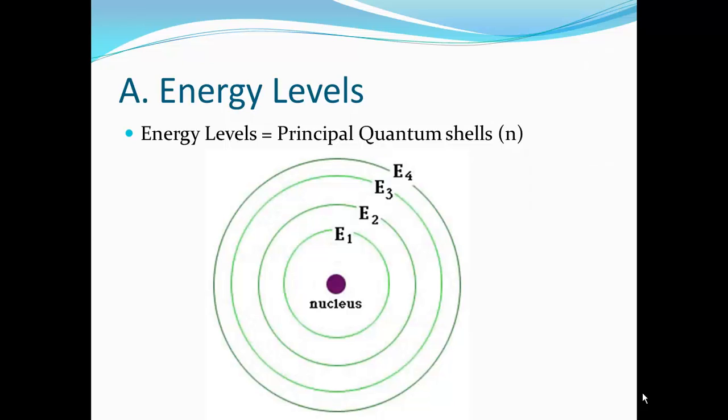And energy levels are determined by where they are on the periodic table. The first row is E1, the second row has 2, the third row has 3, and the fourth row has 4, and so on. And obviously, as you go further in energy levels, you get further away from the nucleus, and you can hold more electrons once you get into higher energy levels.